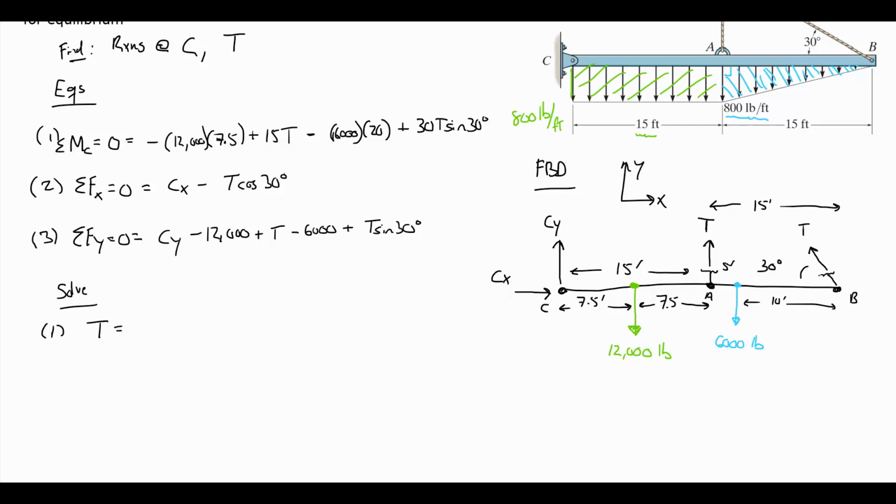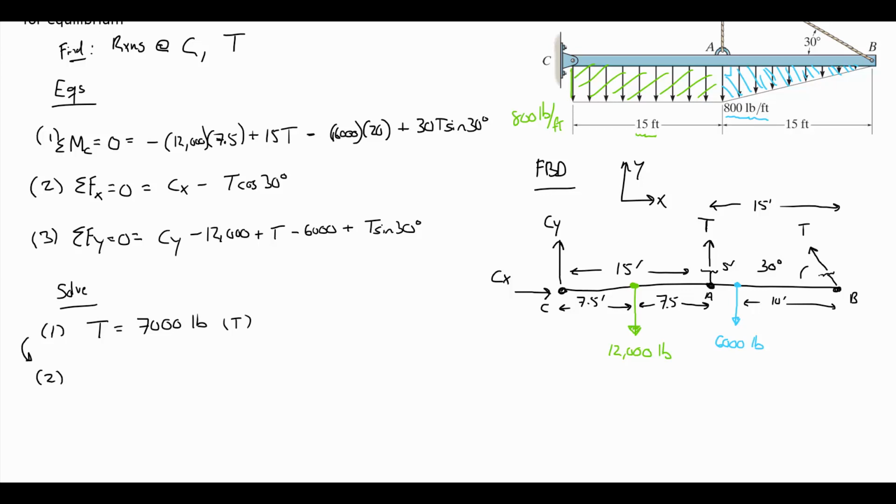So from equation 1, T is my only unknown. I am going to find that it is 7,000 pounds. Positive. I assumed it was tension. It's positive, so it is in tension, which it must be, since it's a rope. So that's a good quick check there.